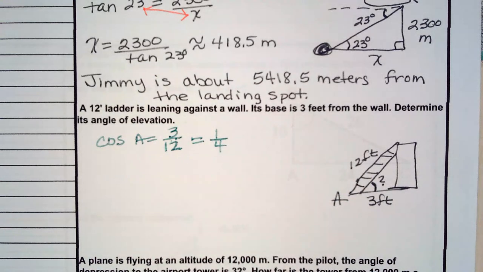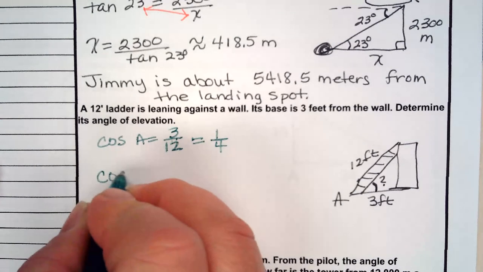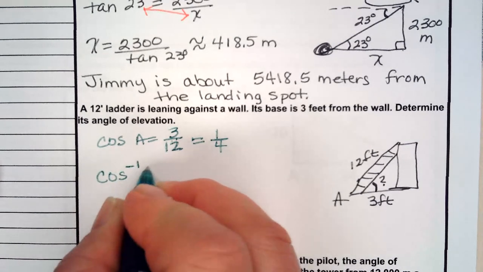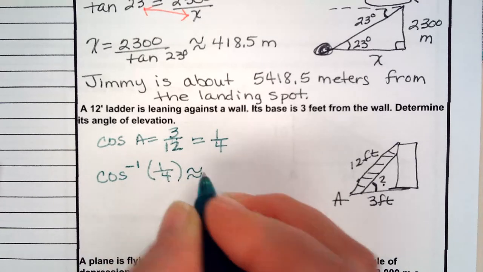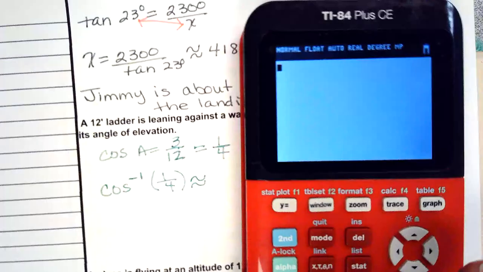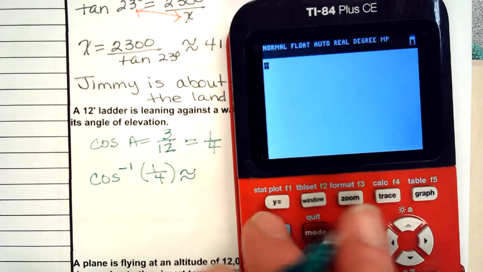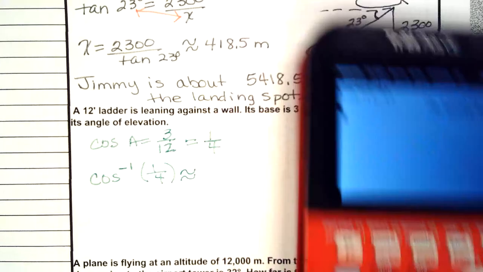Did I need to simplify? No, because I'm looking for an angle measure. So then we use our inverse button. Cosine inverse of 1 over 4 is approximately. Remember to get that, it is second cosine 1 divided by 4, close it off, 75.5 degrees.